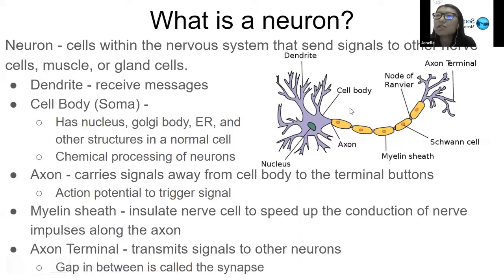So the axon is responsible for carrying signals away from the cell body to these terminal buttons here. And as you probably remember from last week, there is information about the action potential, and that's necessary in order to trigger signals, with depolarization and hyperpolarization.